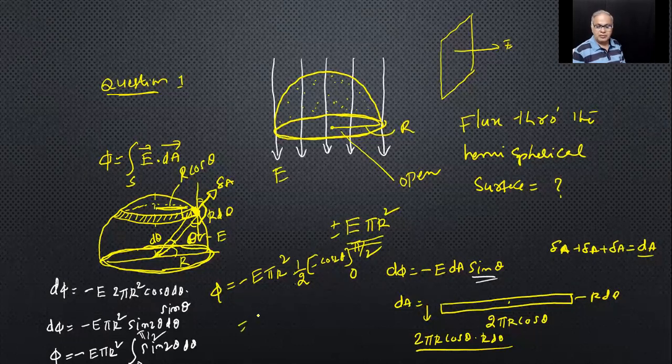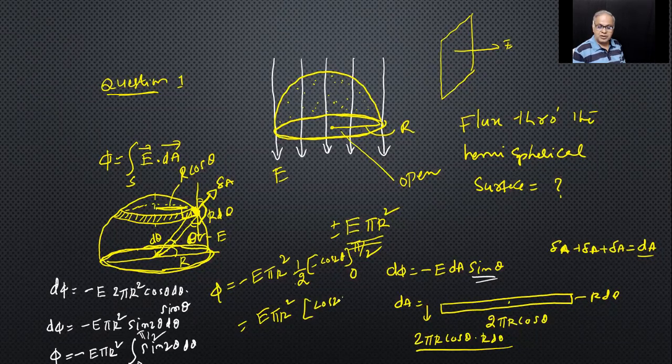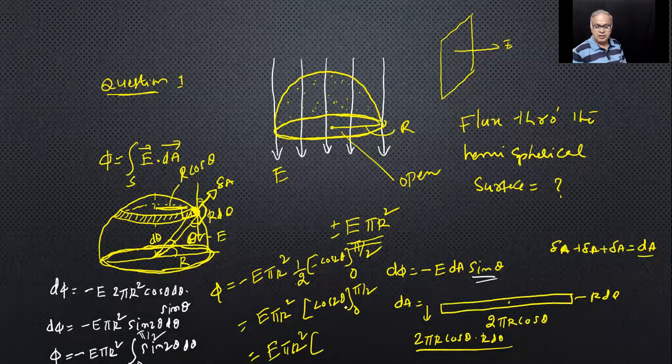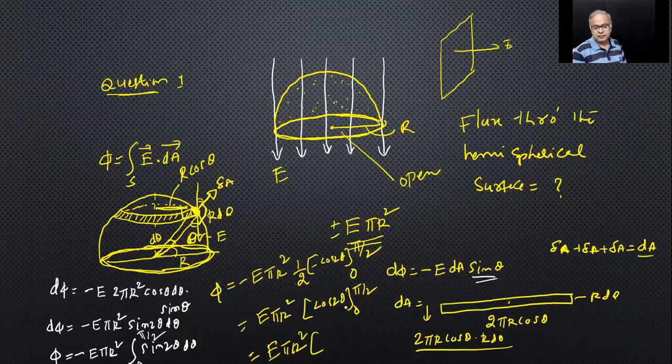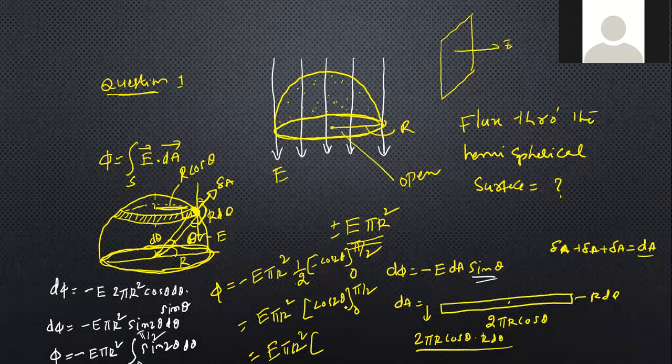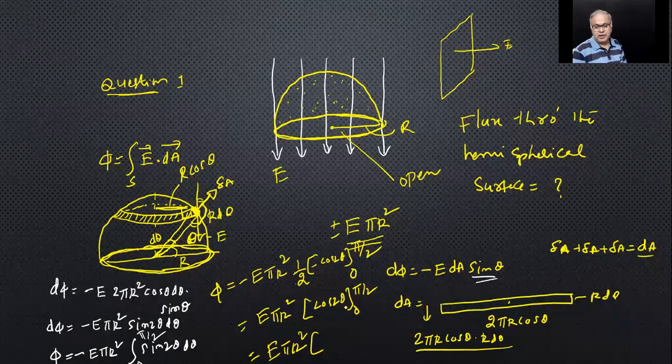What am I getting now? E into pi r square, just check if there is any calculation mistake. Cos 2 theta from 0 to pi by 2. That will be E into pi r square, cos 2 theta, that is how much? Putting in pi by 2, 2 cancels, cos pi is minus 1.